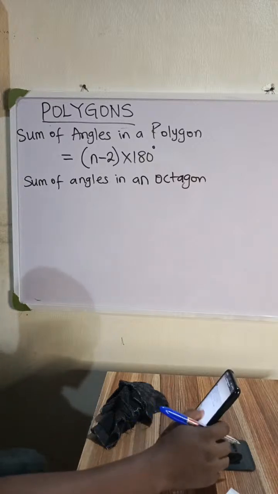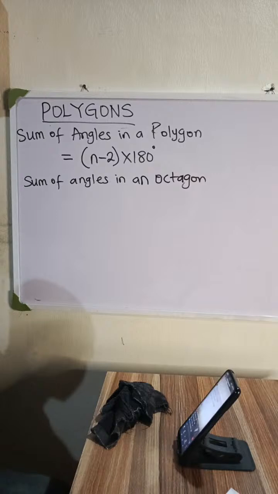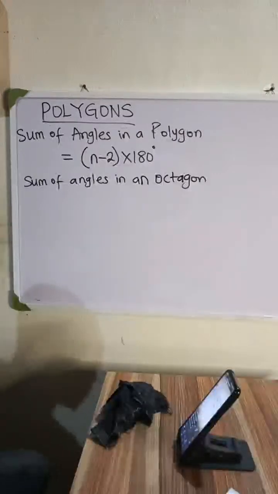Sum of angles. Okay. Daniel has gotten 1080. Confidence also said 1080. Success, nice to see you today.